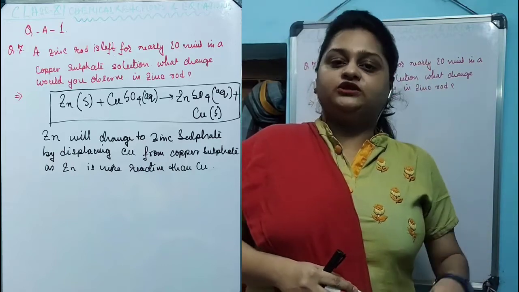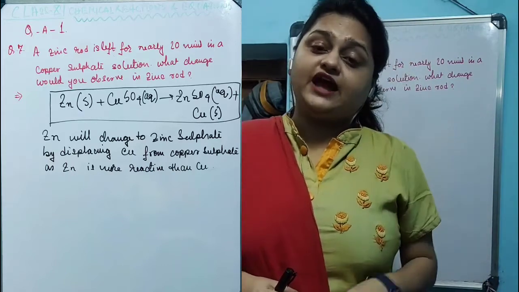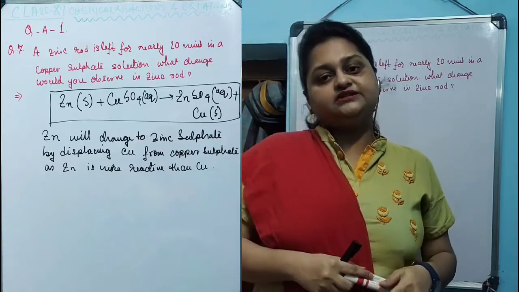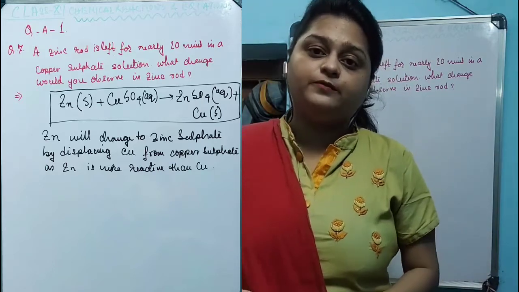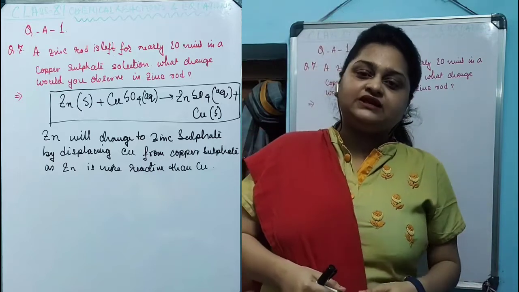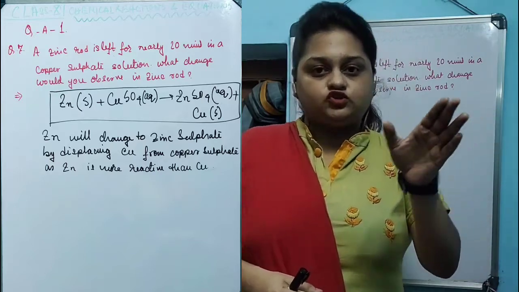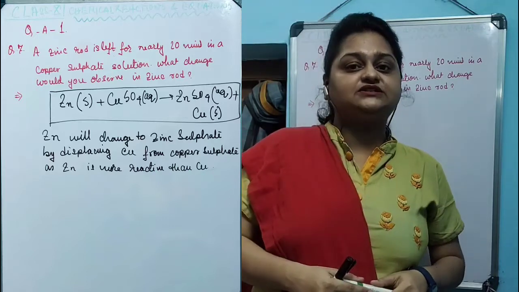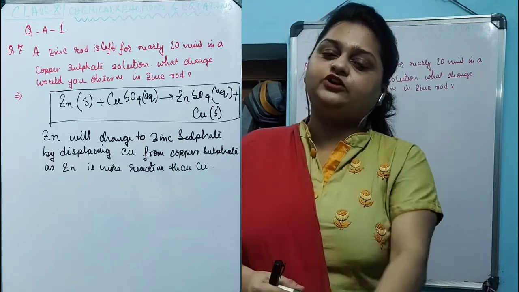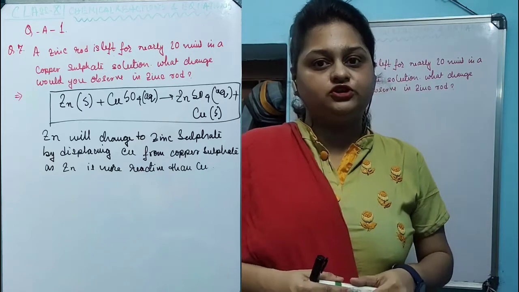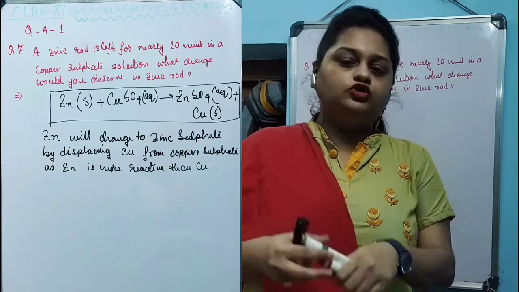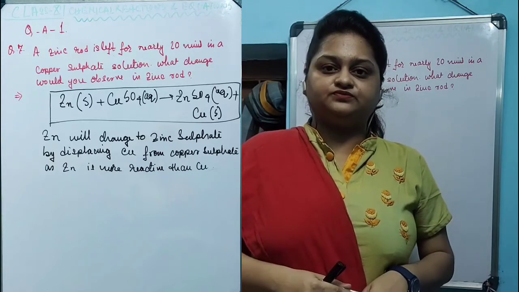Zinc resides above copper in the activity series, meaning the activity of zinc is much more compared to copper. So when zinc reacts with copper sulfate, it displaces the copper from the copper sulfate to produce its own zinc sulfate solution. As a result, the rod is reduced in volume or mass.